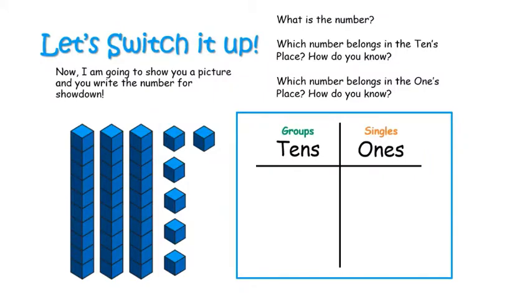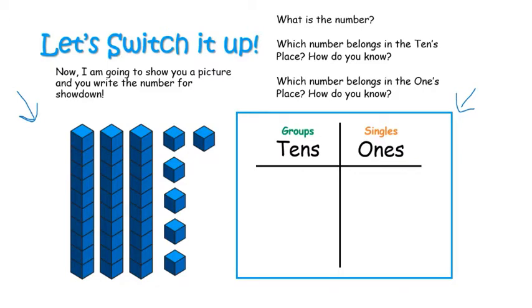Now this looks a little bit different. We're going to switch it up. I'm going to show you the picture right here, and you are going to help me write the number right over here. If you have a piece of paper or a marker board or really anything that you want to write these numbers down and make it fun, go for it.